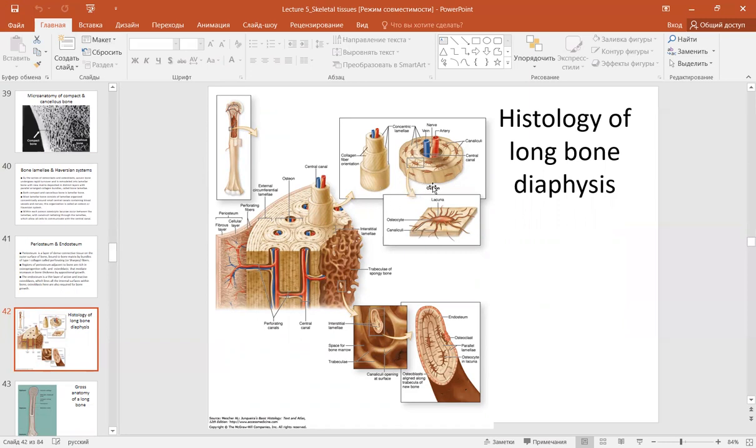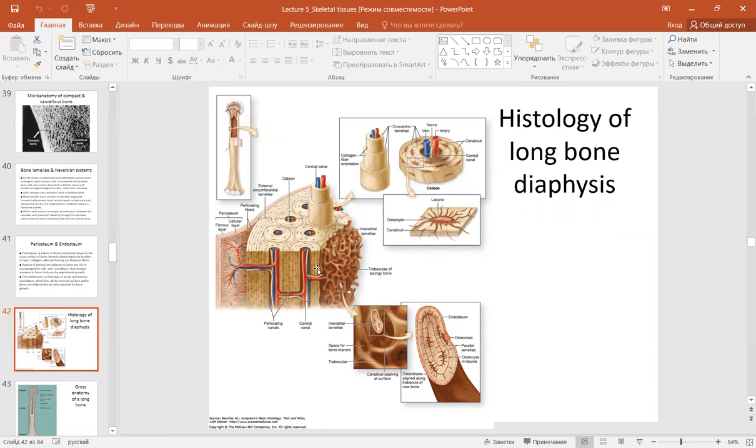Here you have the increased magnification of the osteon. The direction of the collagen fibers within each lamella is at a right angle to the neighboring lamella, and osteocytes located in the lacunae are present in the wall of the osteon, in the wall of the Haversian system, forwarding their processes to the bony canaliculi.